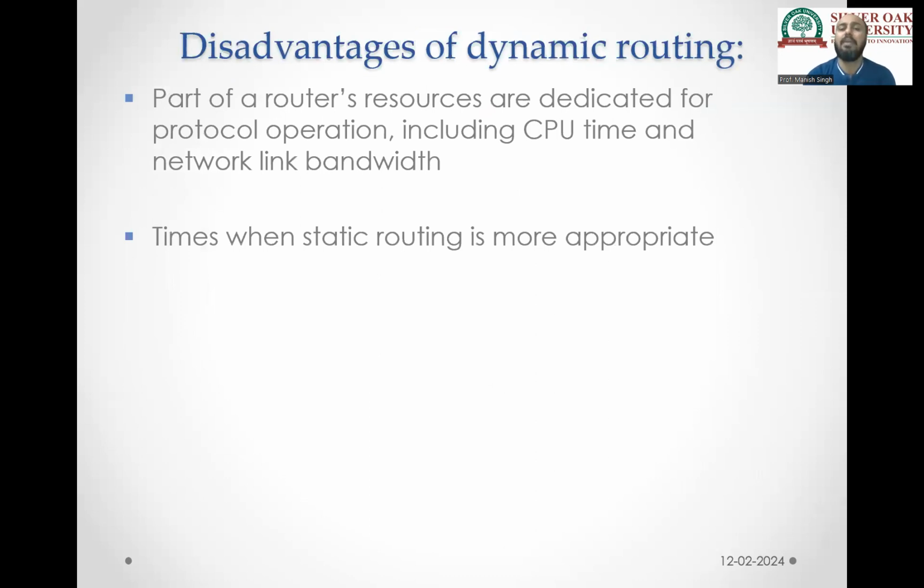Disadvantage of dynamic routing: part of the router's resources are dedicated to protocol operation, including CPU time and network link bandwidth. Because in dynamic routing, most of the time CPU utilization is for sending packets, and it will consume more bandwidth. So there are times when static routes are more appropriate.